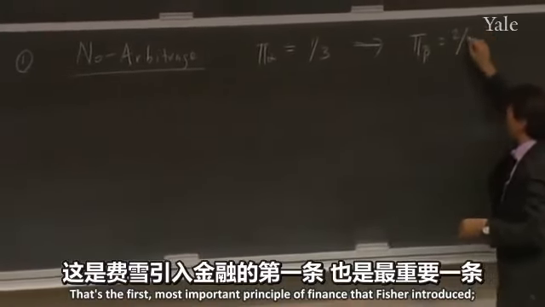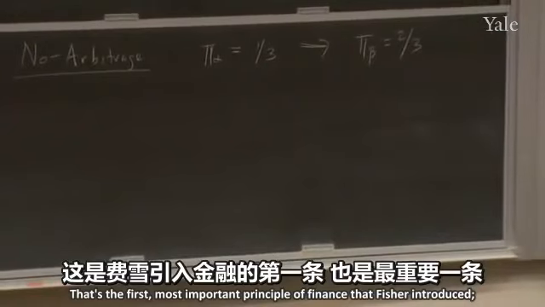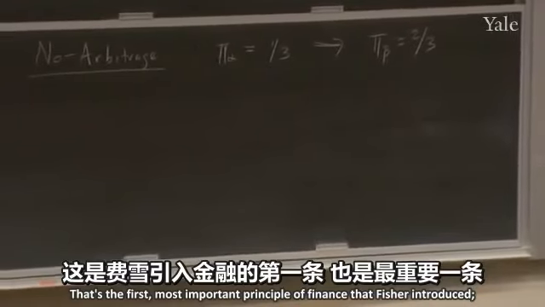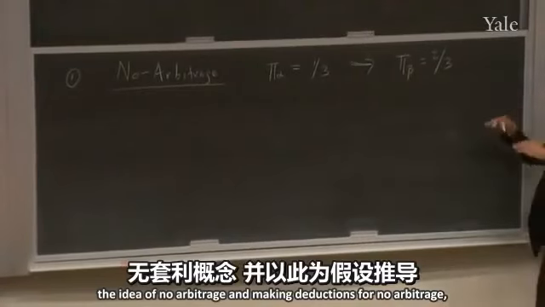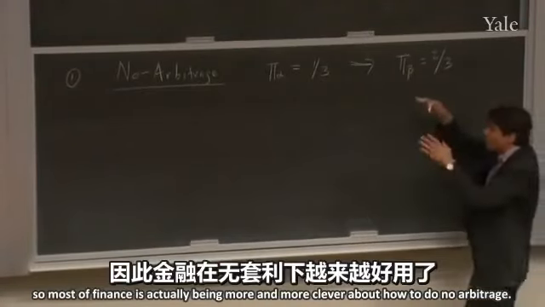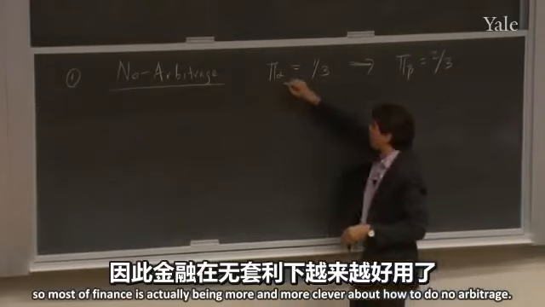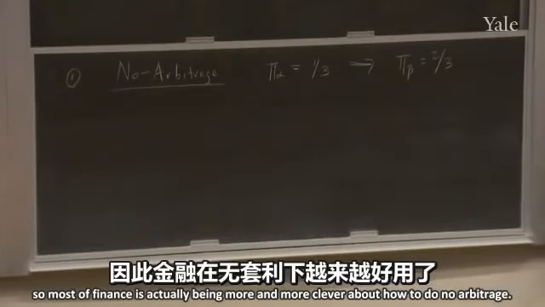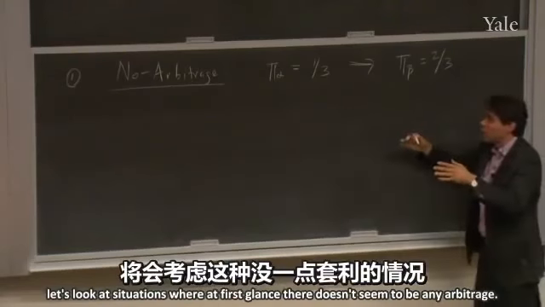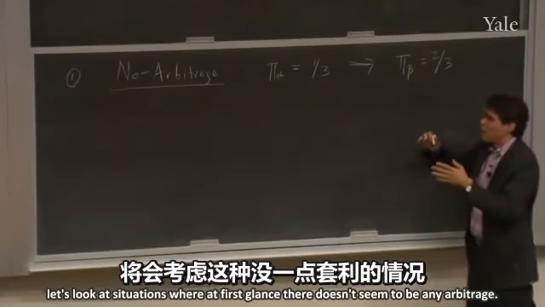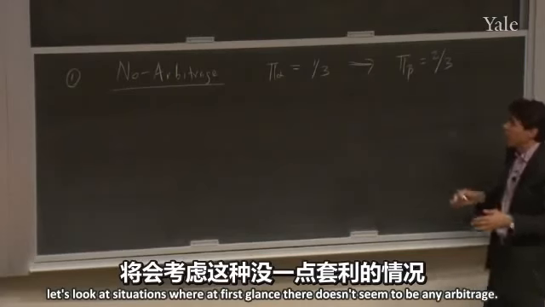Okay, that's the first most important principle of finance that Fisher introduced, the idea of no arbitrage and making deductions from no arbitrage. So most of finance is actually being more and more clever about how to do no arbitrage. Over half of this course is going to be, let's look at situations where at first glance there doesn't seem to be any arbitrage.